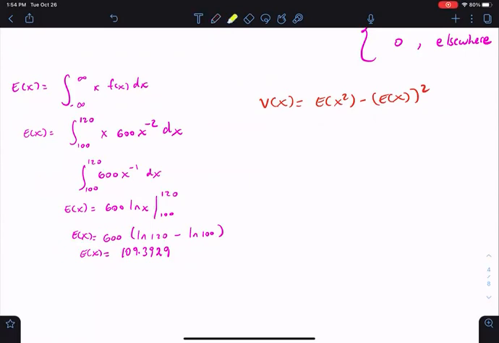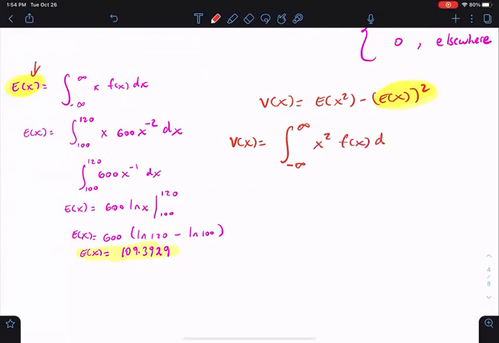But because we already calculated this part, from right here, you just need to square that. We can just solve for that. So the variance equals the integral of x squared f of x dx, minus the expectation, everything squared.